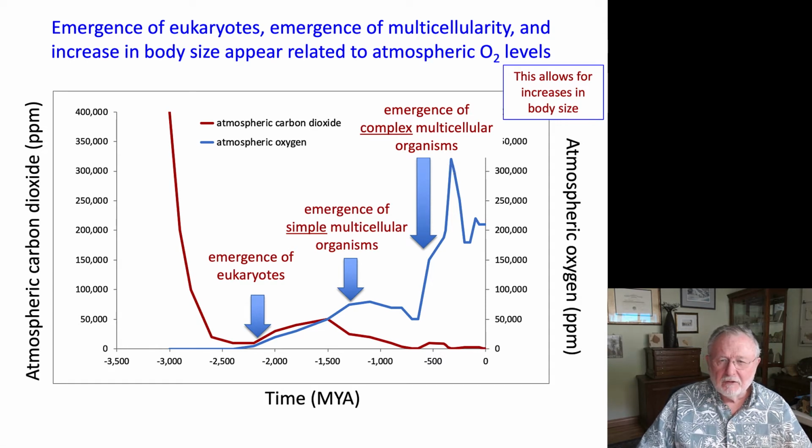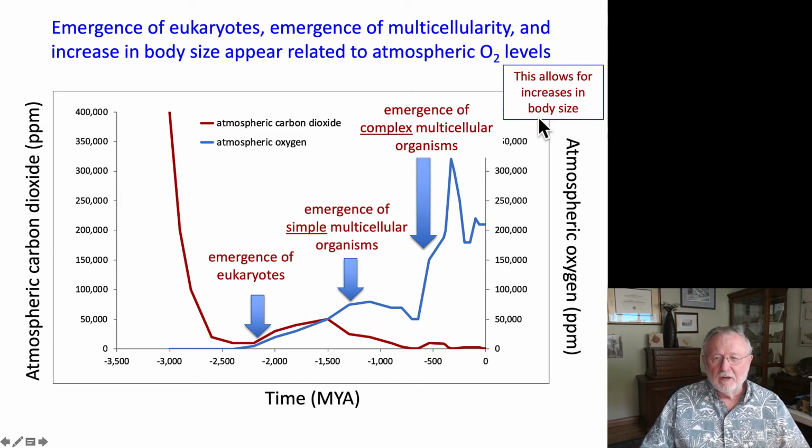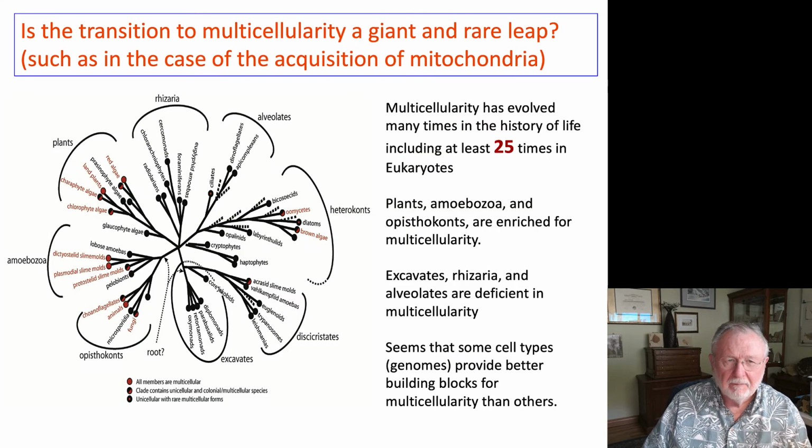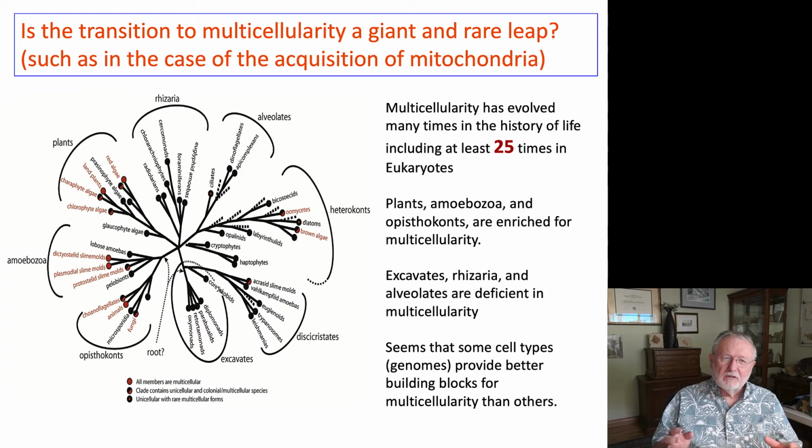So the emergence of complex multicellular organisms allows for increases in body size by allowing for differentiation in function. Now, is this transition to multicellularity a big leap? Is it as rare as the acquisition of mitochondria?